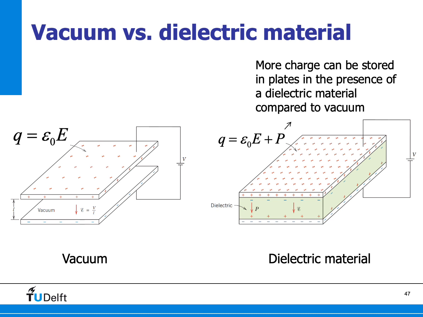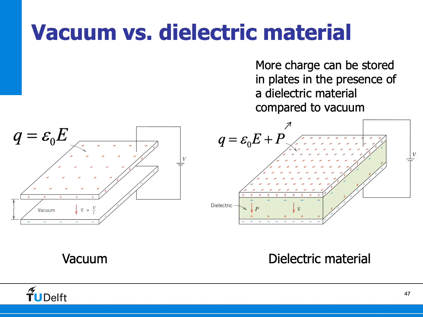Now what if we put a dielectric material in between these plates? Well, what we will find is that much more charge can be stored in these plates in the presence of a dielectric material compared to the vacuum. And that is related to this polarization factor.